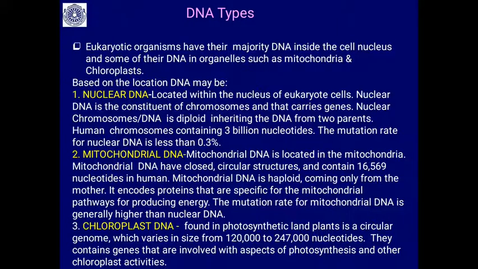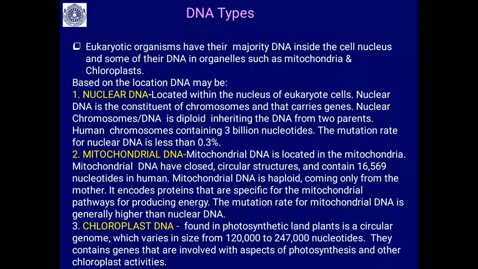It encodes the proteins specific for the mitochondria, concerned with the energy producing metabolic pathways of the mitochondria. The mutation rate is generally higher when compared to the nuclear DNA.